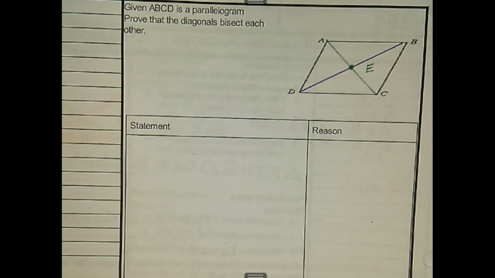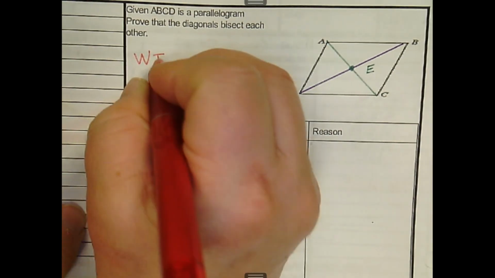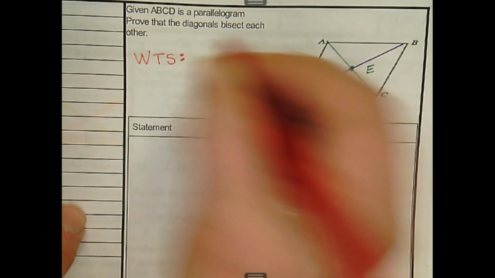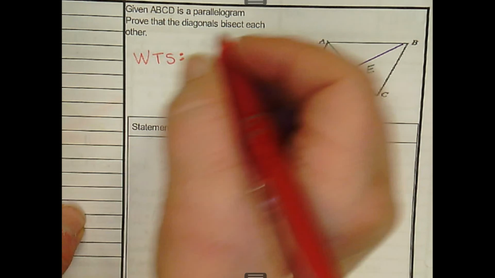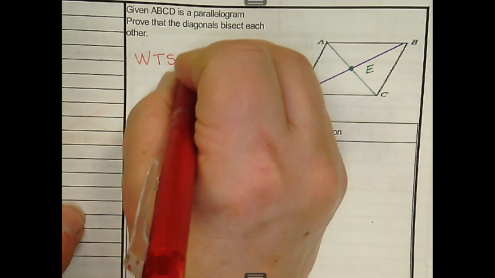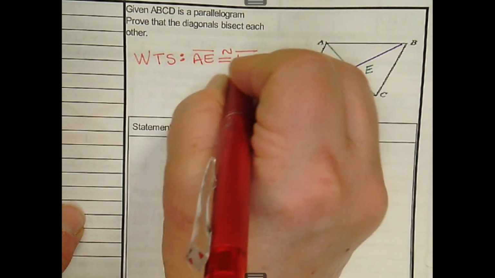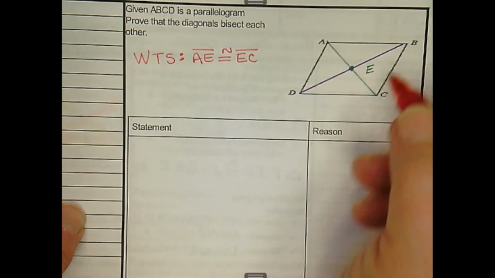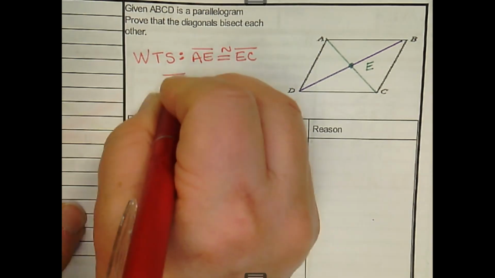Okay, I want to prove that the diagonals bisect each other. I want to show, WTS, AE is congruent to EC, and segment BE is congruent to segment ED.